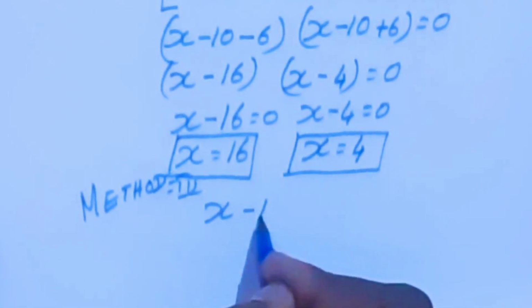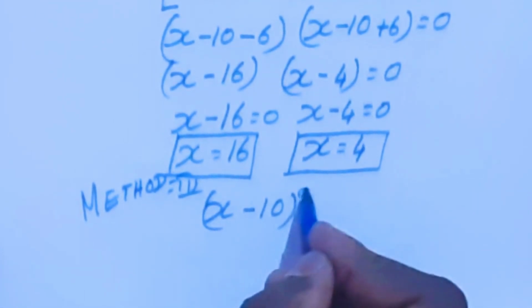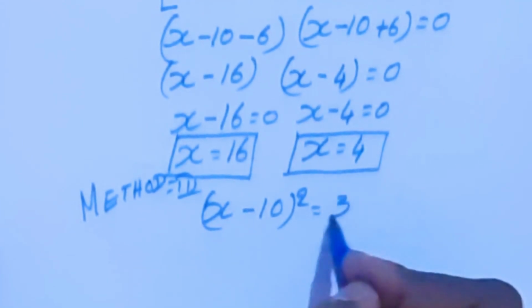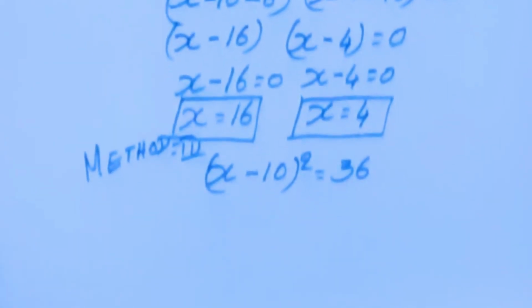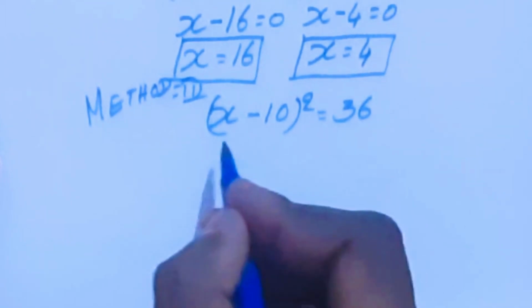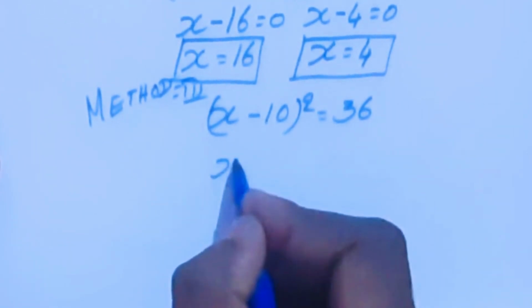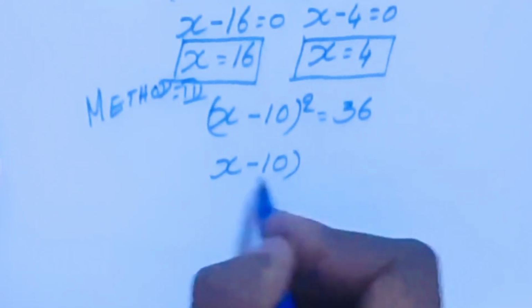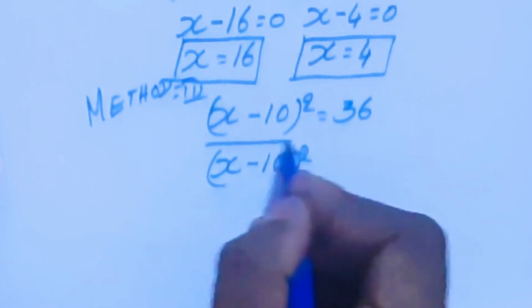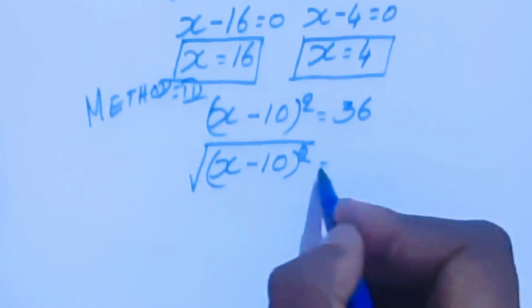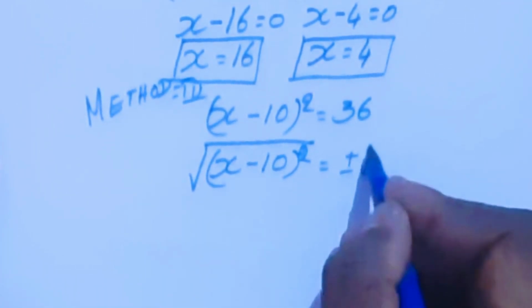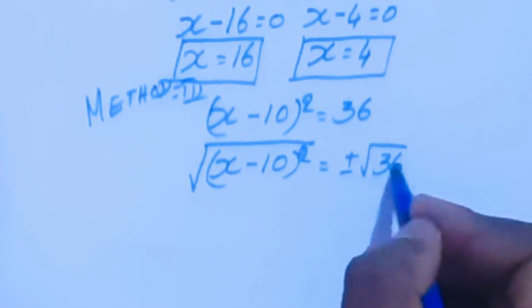(x - 10)^2 = 36. In this method we are going to take the square root on both sides. So the square root of (x - 10)^2 = plus or minus the square root of 36.